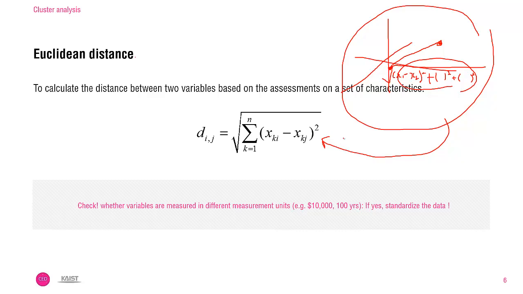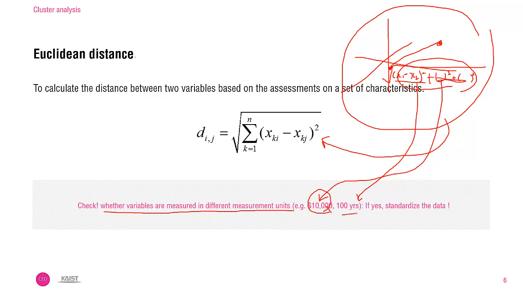One thing you should be aware of is that you should check whether variables are measured in different units. When the X dimension is measured in a year scale, while the Y dimension is measured in a currency scale, perhaps the variance of Y will highly affect the other variances.